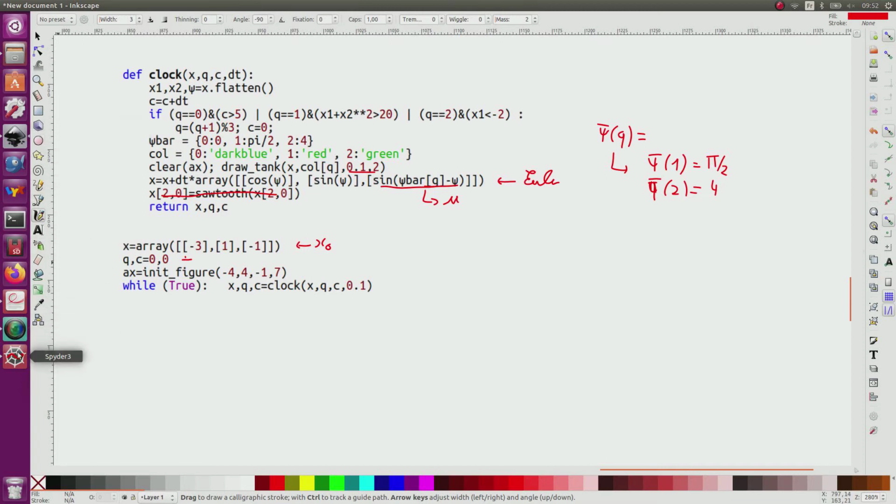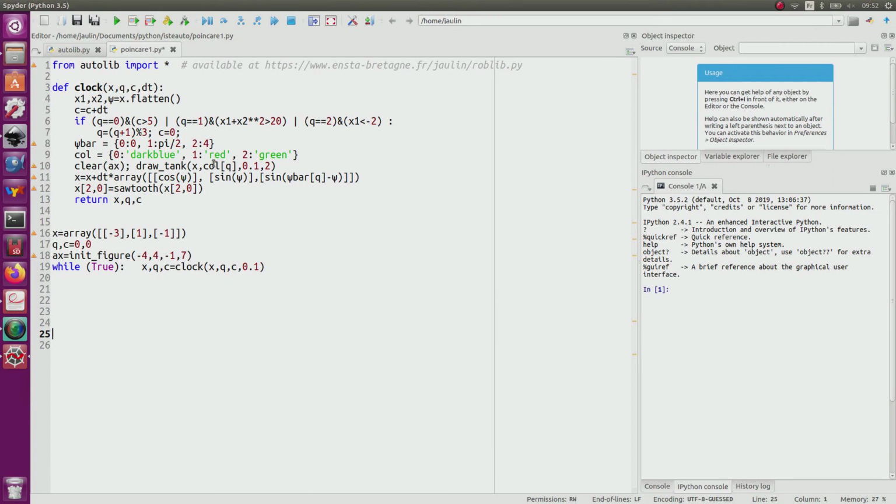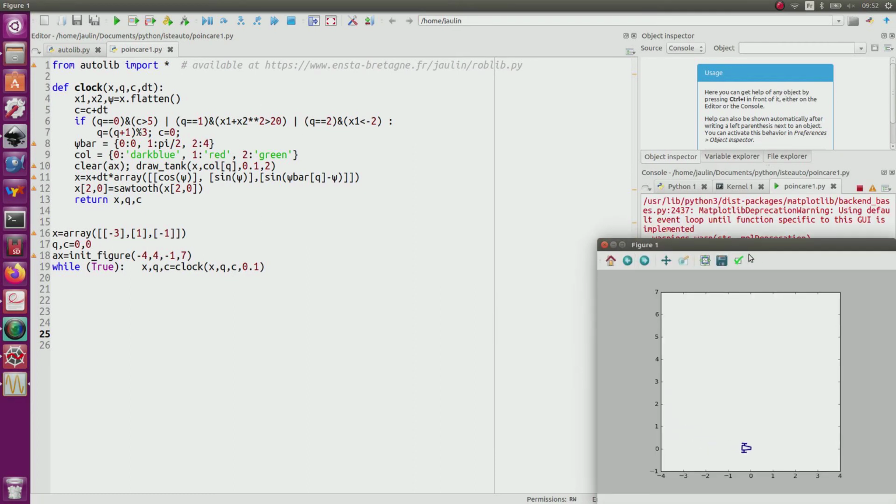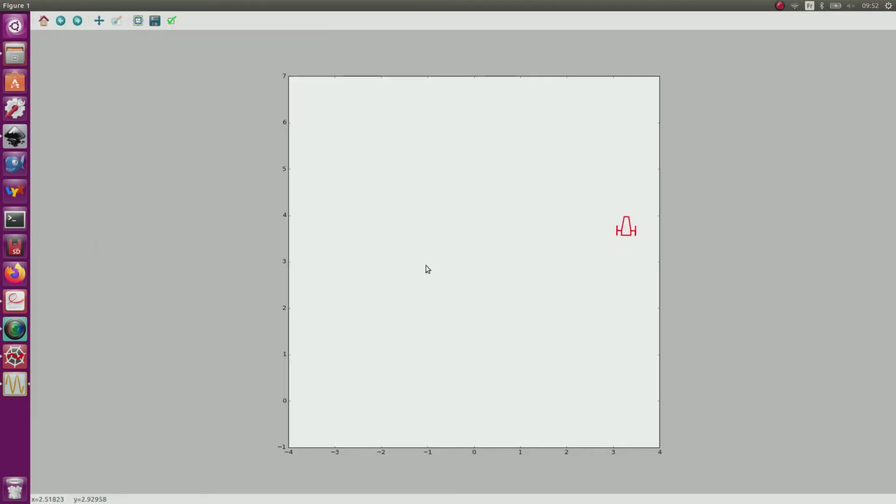I switch to Python. I run the program, and I see here that the car is moving and seems to converge to a limit cycle.